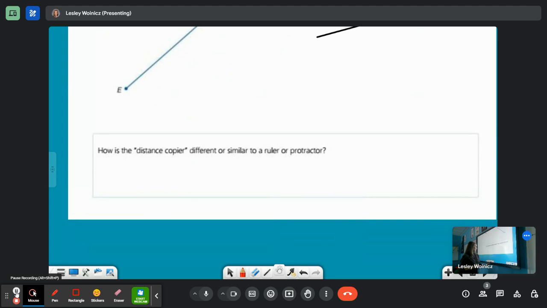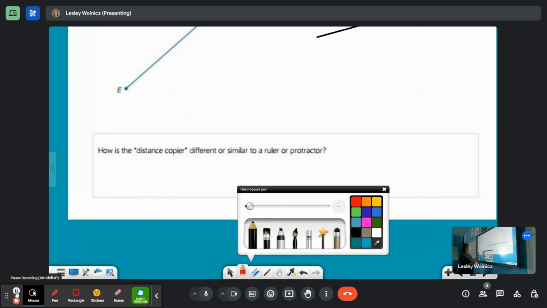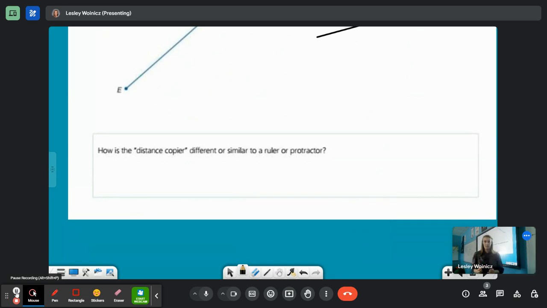How is the distance copier similar or different to a ruler and a protractor? Could you have kind of copied the lengths of those segments if you had the ruler on the edge of your protractor?